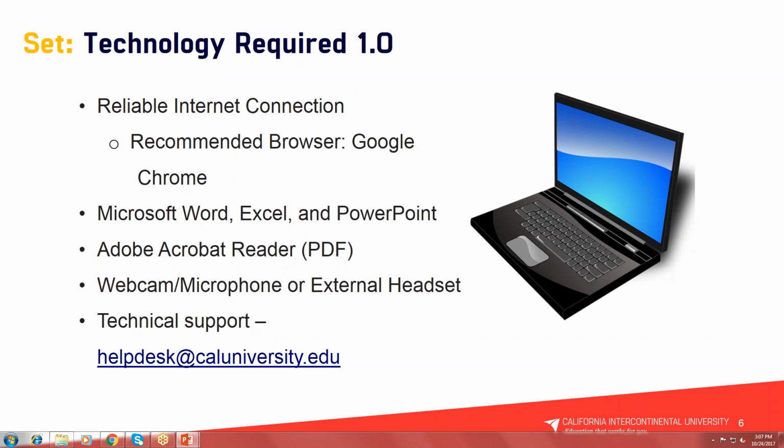I'm sure you're familiar with your web browsers. For example, we recommend Google Chrome. We utilize that browser here in the office. I'm sure you are familiar with these applications: Microsoft Word, Excel, and PowerPoint, Adobe Acrobat Reader, webcam, microphone, or external headset. Now, that is very important because some courses will have proctored exams, not your first course.